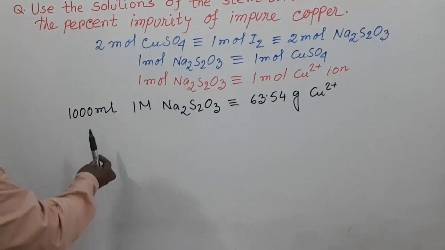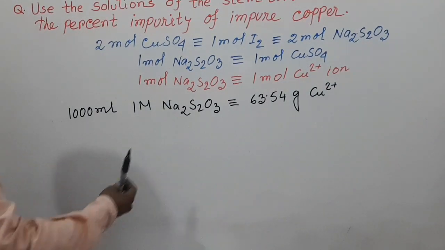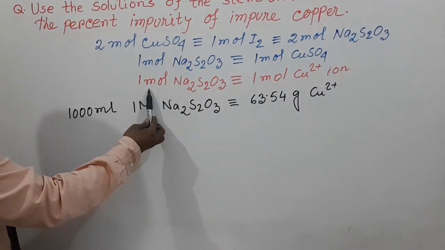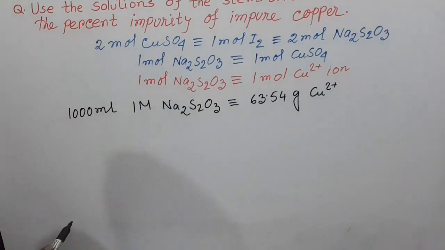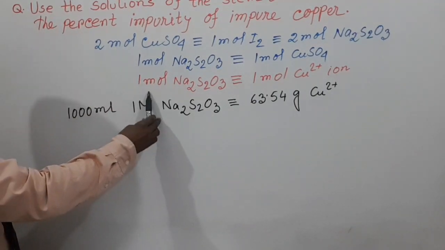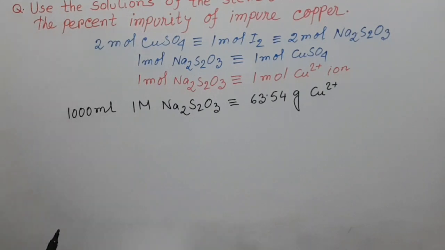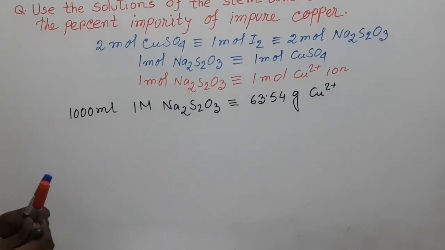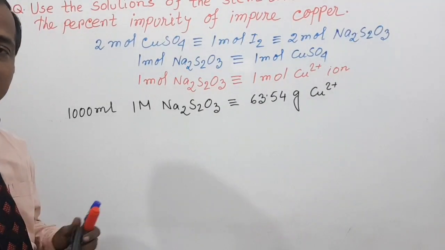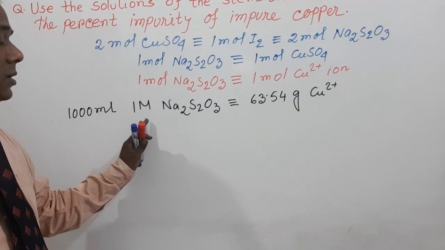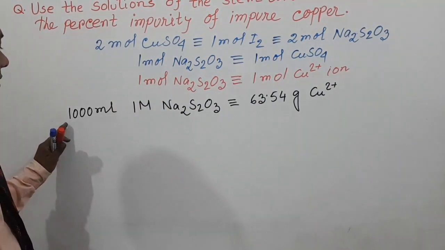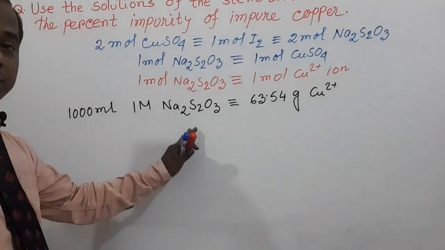Here we write 1000 ml 1 molar sodium thiosulfate, where 1 mole sodium thiosulfate is present, and we know that 1000 ml of 1 molar solution contains 1 mole solute, and that's why we write here 1000 ml 1 molar sodium thiosulfate solution.